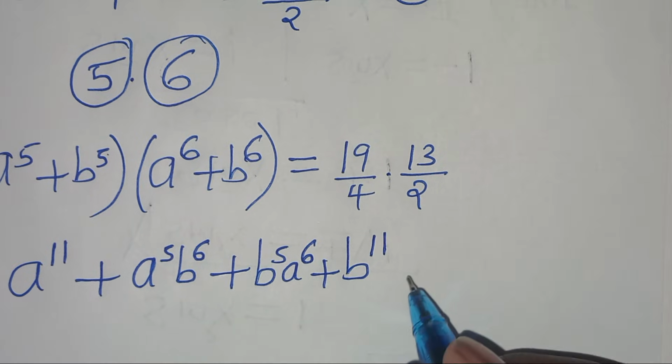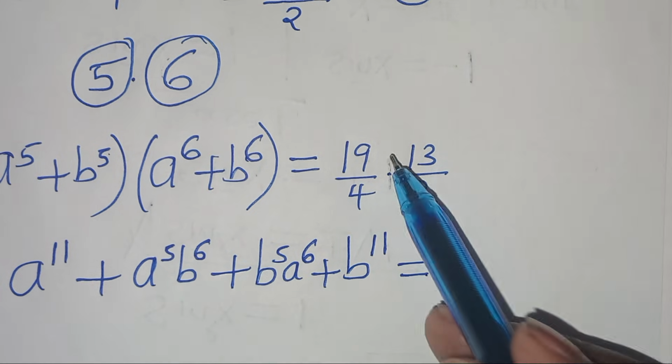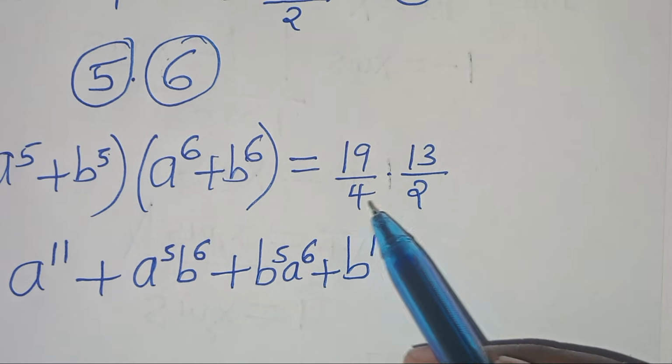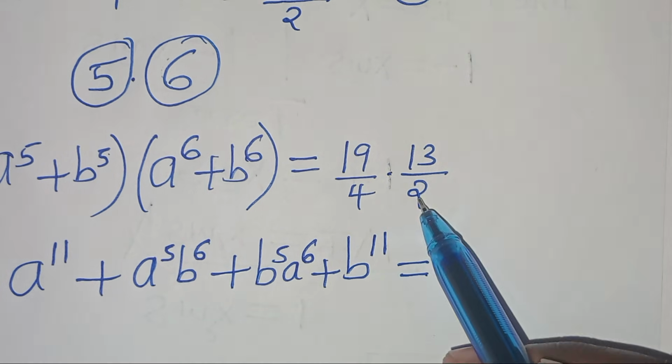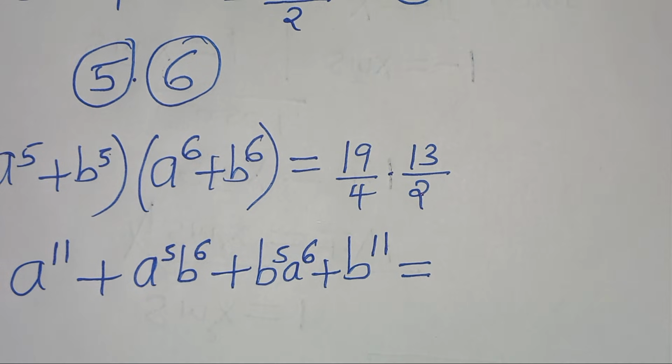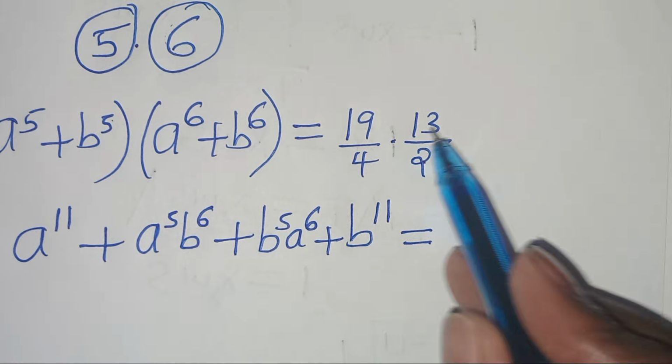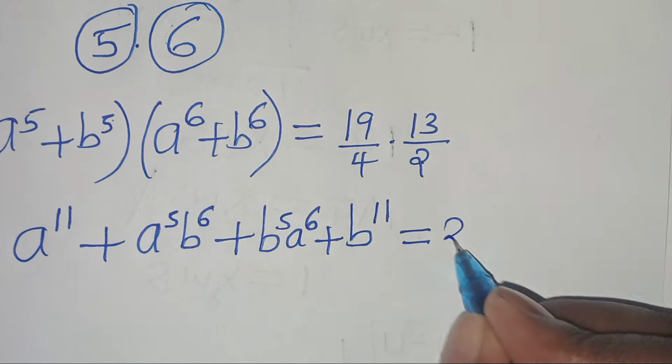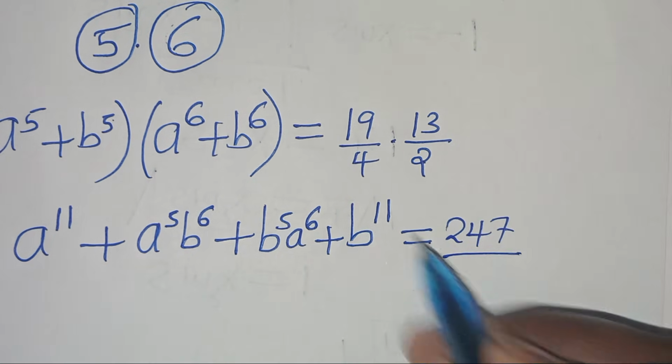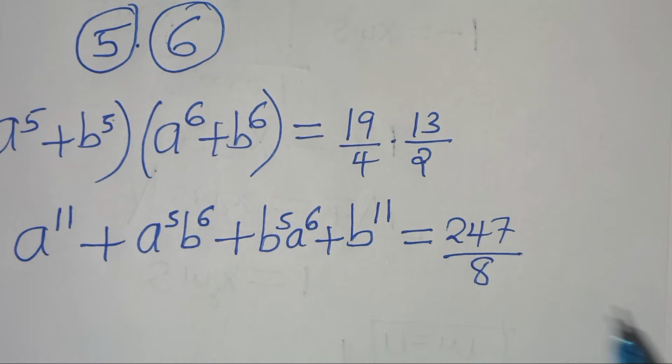And this is equal to 19 over 4 multiplied by 13 over 2. So this implies that 19 times 13, this is 247, divided by 4 times 2, which is 8.